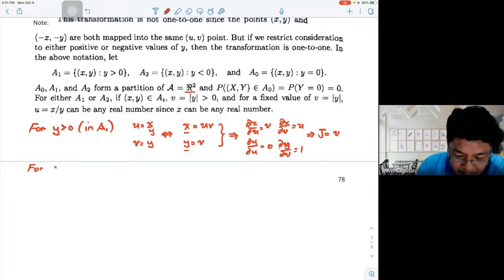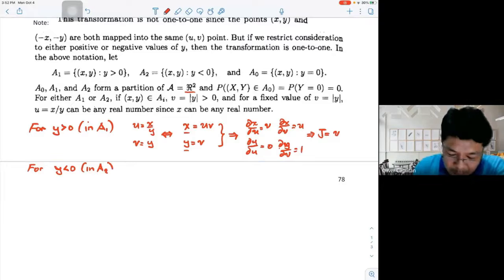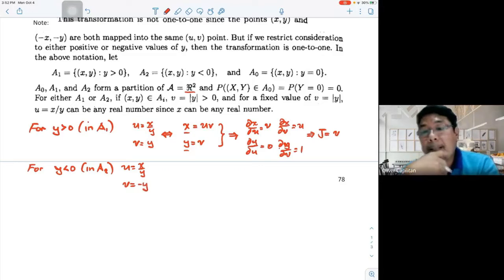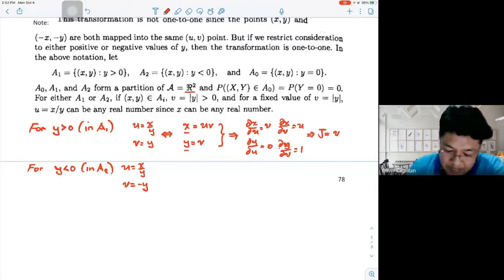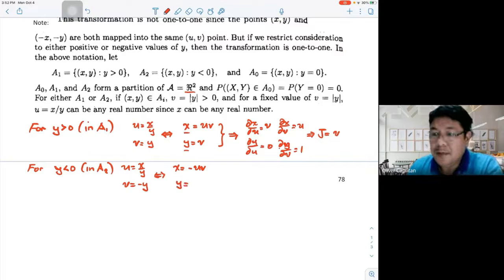And then for the next case, when we consider y to be less than 0, that is in the set A sub 2, the transformation now has u still equal to x over y, and this time our v would be equal to negative y, because v is the absolute value of y. So if y is less than 0, that would be the negative of y. So if and only if, again, x is equal to negative uv, and y is equal to negative v.